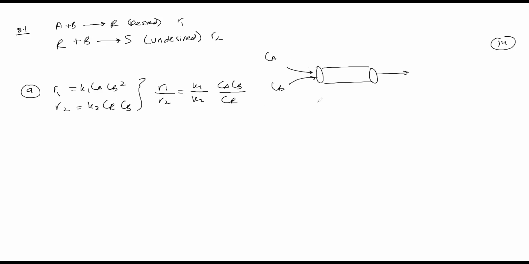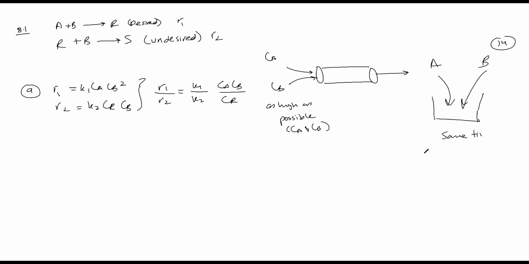This way, CA and CB are as high as possible. For a batch reactor, I'm again going to introduce A and B at the same time, at high concentrations, to drive this reaction towards R.